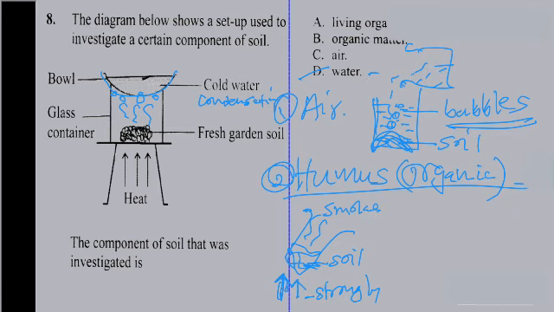Maybe second experiment, take soil and put in a container, and then you add water. When you add water to the soil, you will find certain floating materials here. The materials that will be floating on top of that soil.